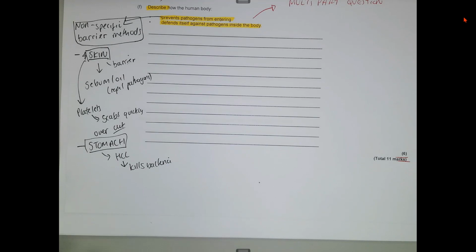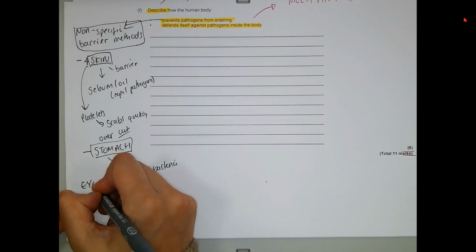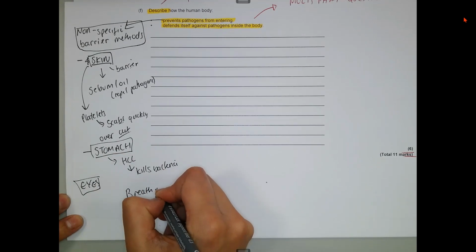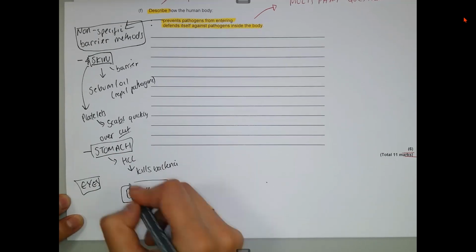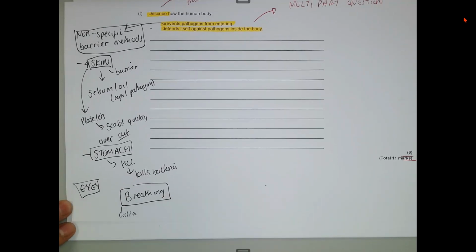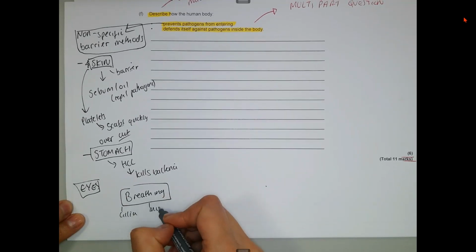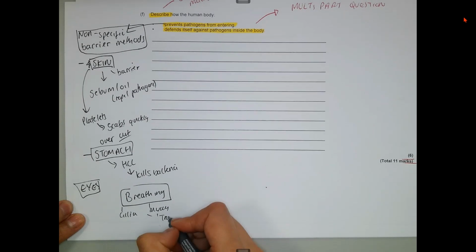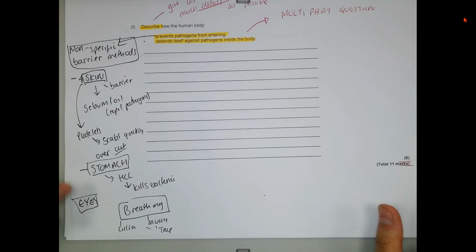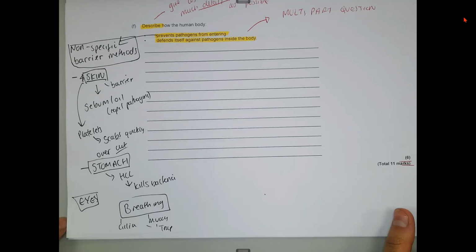And we can also talk about our breathing system, whereby we've got cilia and mucus. Together, this will trap the pathogen, and the trachea, which produces mucus to flush the pathogen out of our body. These are all the non-specific barrier methods.